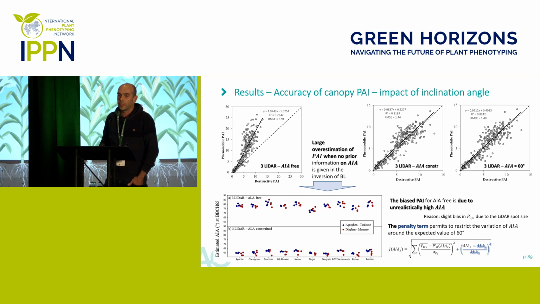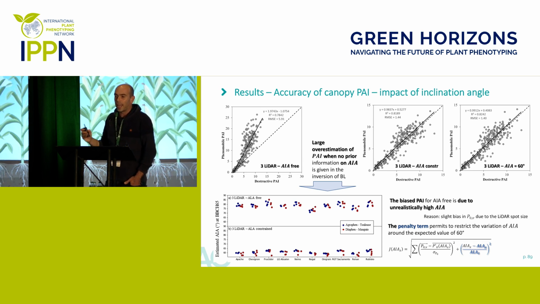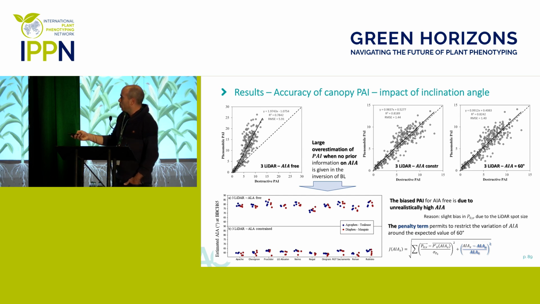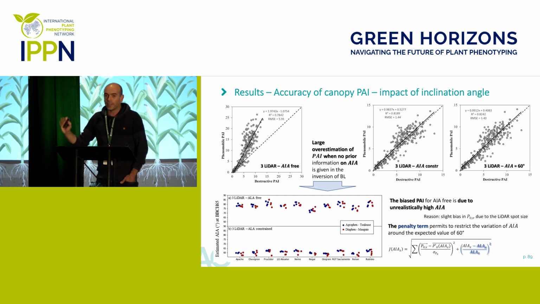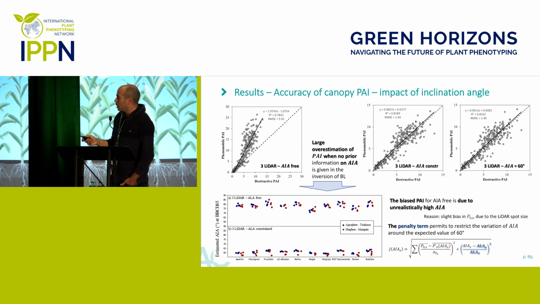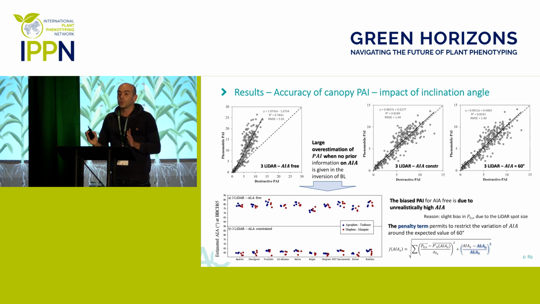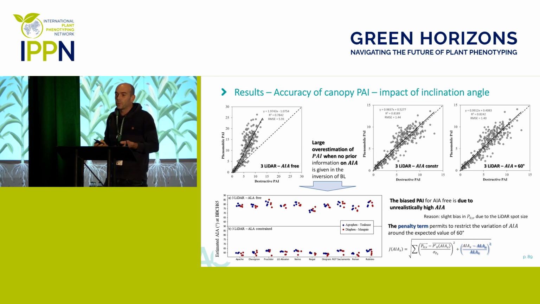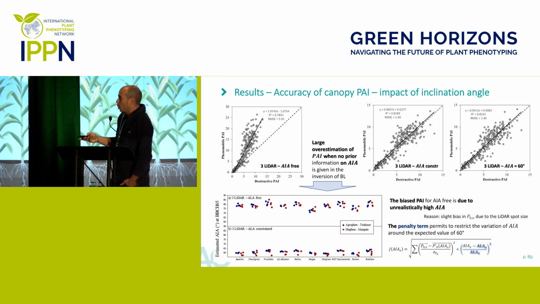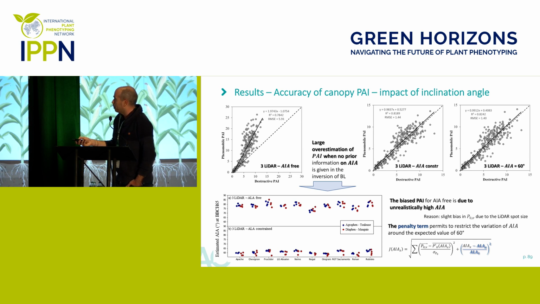This massive overestimation is due to unrealistically high estimations of the average leaf angle, which are due to a slight bias in the gap fraction due to the LiDAR spot size. If I have time, I could explain that later. What we do with the penalty term is constrain the average leaf angle to vary around 60 degrees, depending on the genotypes, which is the expected value that we know a priori a crop like wheat should have.